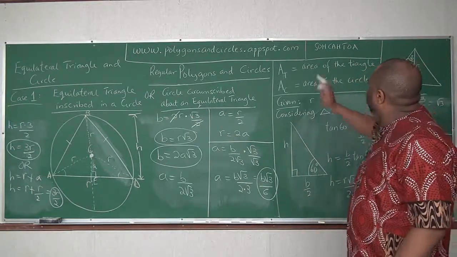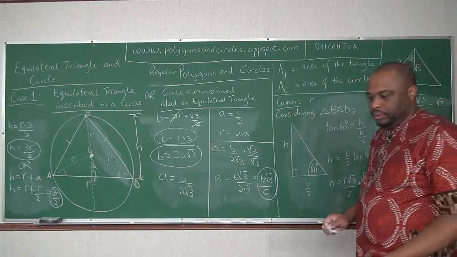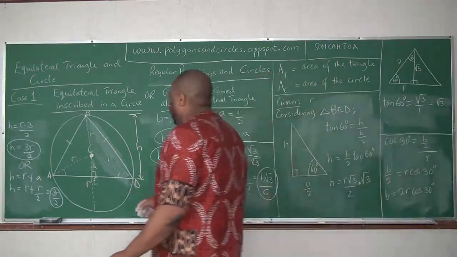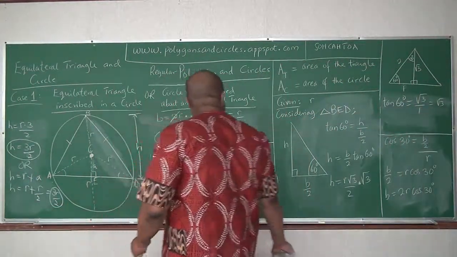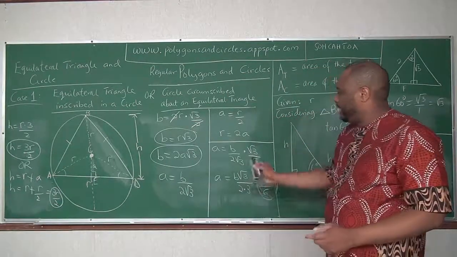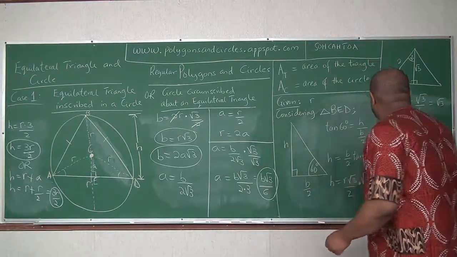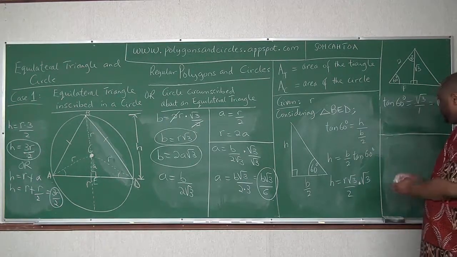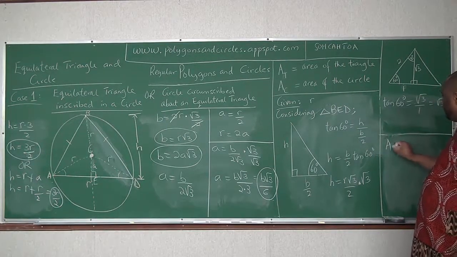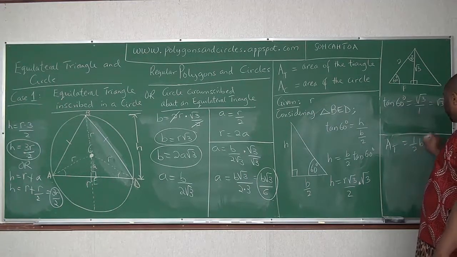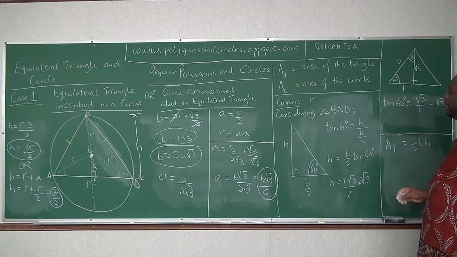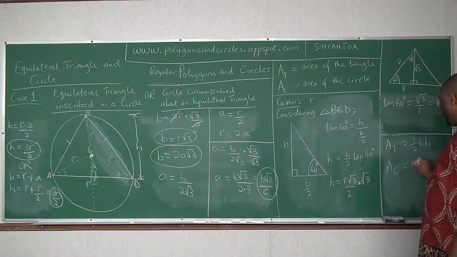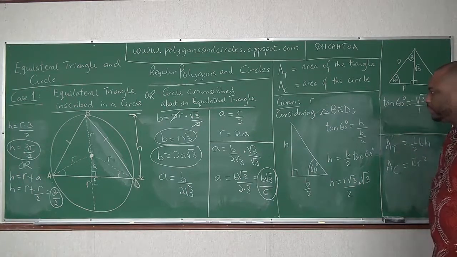Okay? And of course, what is the area of the triangle? Area of the triangle is half base times height. And then the area of the circle is pi r squared.